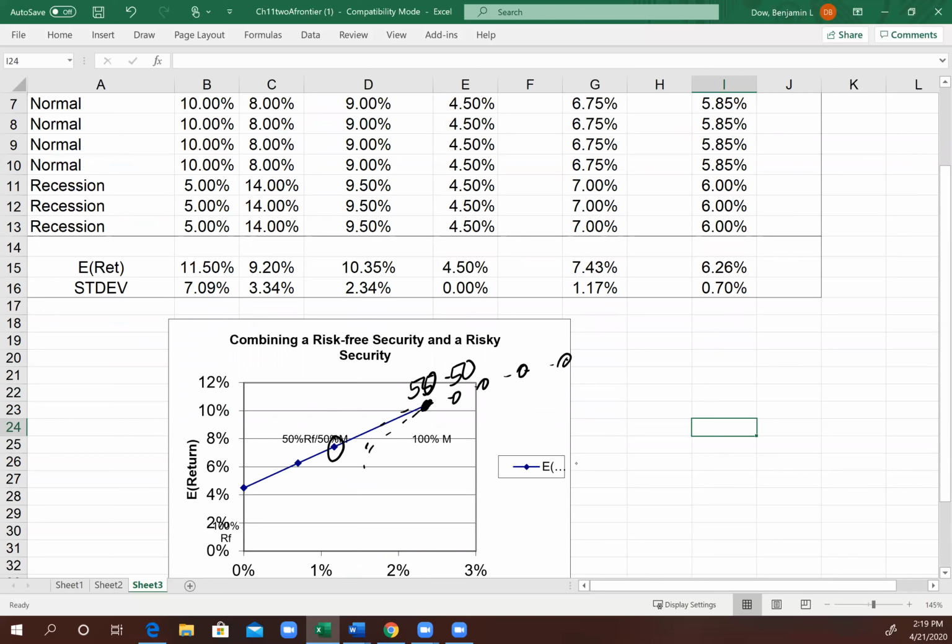And if you want to reduce risk, you combine it with the risk-free rate. Half cash, half stocks and bonds, of which half your money is half stocks and half bonds, so half of half, would put you right in the middle of these 2 points. This is a linear relationship. This would be about 80-20. This would be 70-30 the other way.